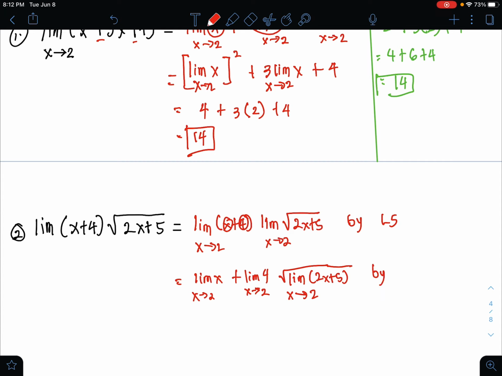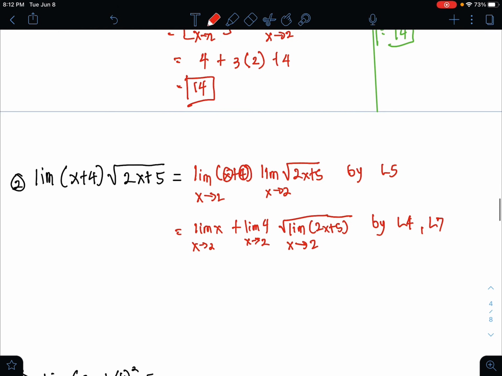So don't forget that's right by L4 and L7. Alright. So, next. This one is just equivalent to 2. And this one is 4. Constant.